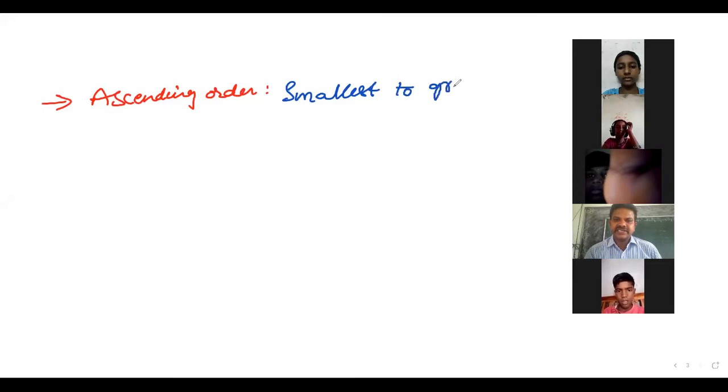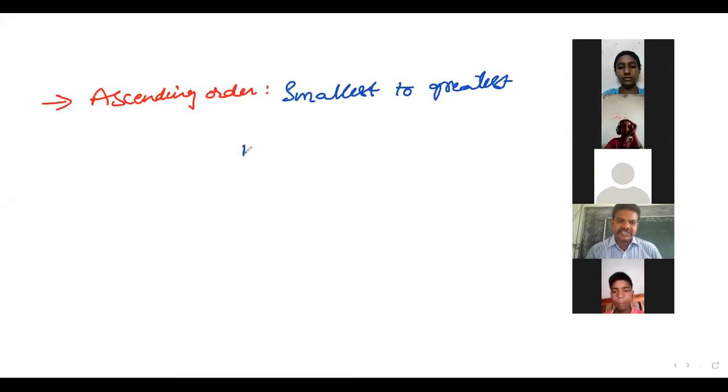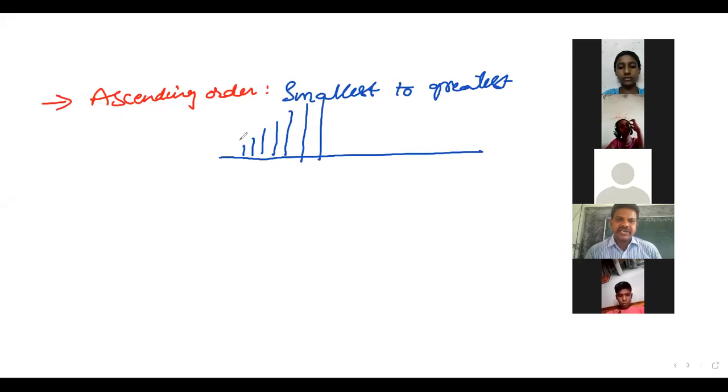First of all, you write the smaller number, after that, somewhat bigger, like this. So you understand by the figure. This is called ascending order.